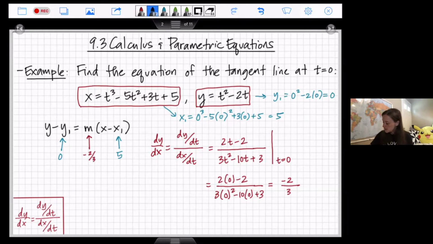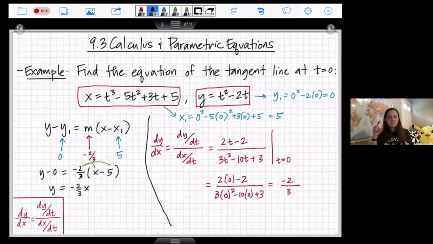The rest of this is just plug and chug. I'm going to do y minus 0 equals negative 2/3 for m, times x minus x1, which was 5. All I've got left is y on the left. Then I'm going to distribute this negative 2/3. So negative 2/3 x.